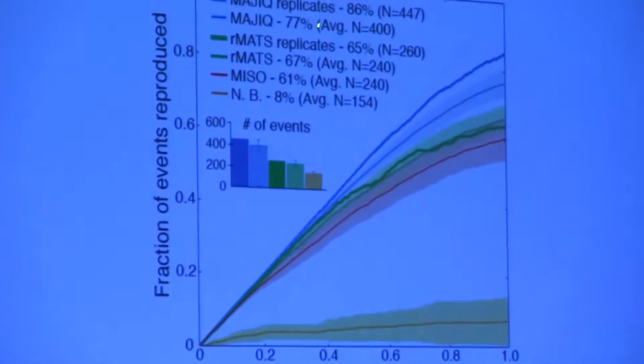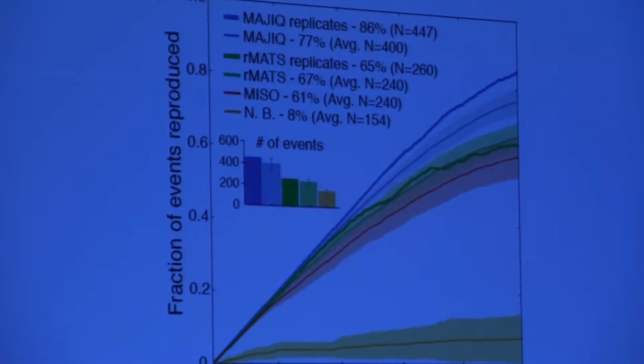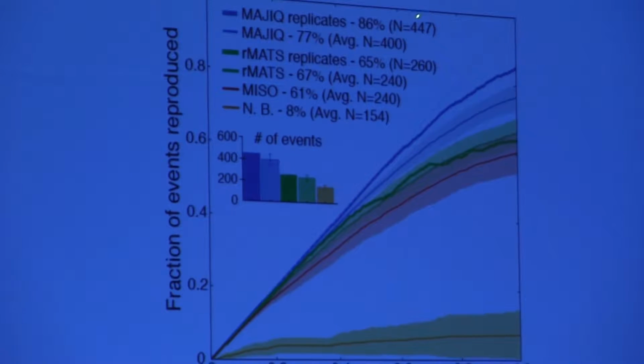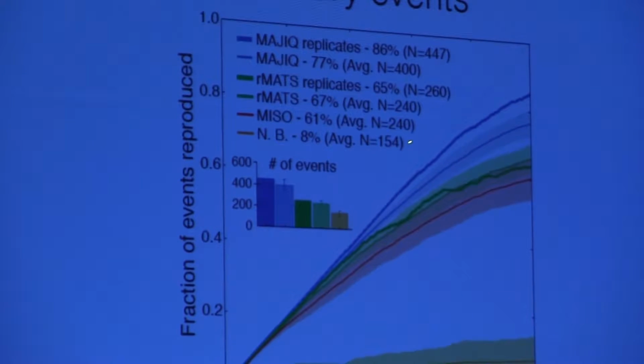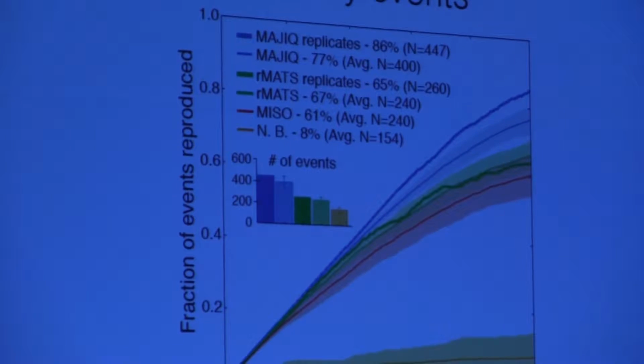And MAJIQ in blue here, compared to other methods, has higher reproducibility ratios. Perfect reproducibility is along the 45, and the reproducibility ratio is the endpoint here. We achieve 86% reproducibility. Also importantly, you'll note for sensitivity, we are able to detect more splicing changes than other methods.